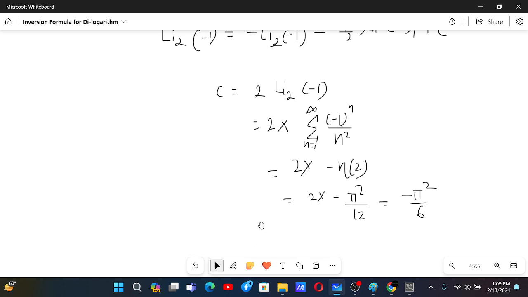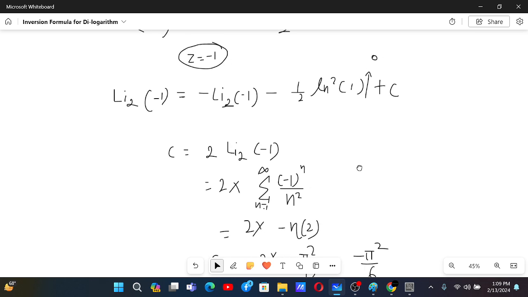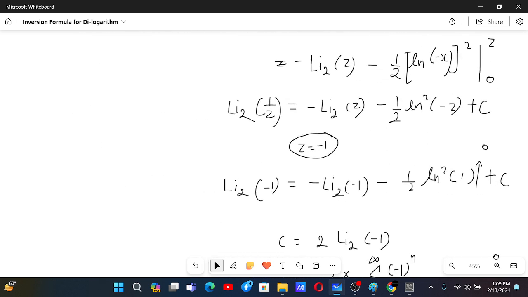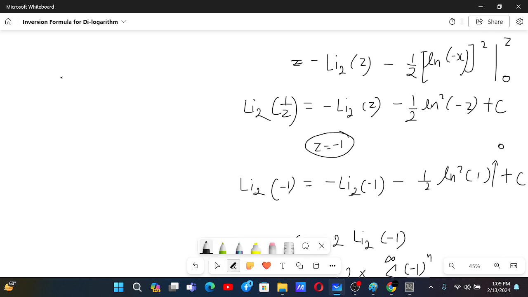Okay, so now we have the c as well, and so this problem is probably solved now, because we can substitute c, and that gives me Li2 of 1 by g is basically minus Li2 of g minus 1 by 2 ln square of minus g, and then this is minus pi square by 6.